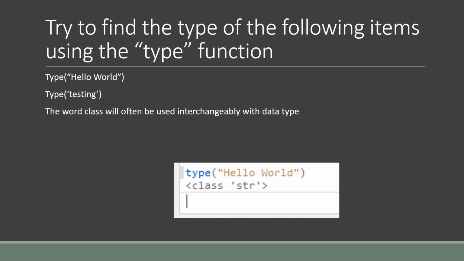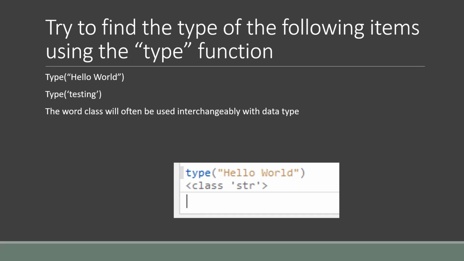So, perhaps I didn't mention this, but there is another function. We saw the print function. Now there is a type function as well. Type is something that I find very useful when I'm pulling code together and it's giving me weird results.